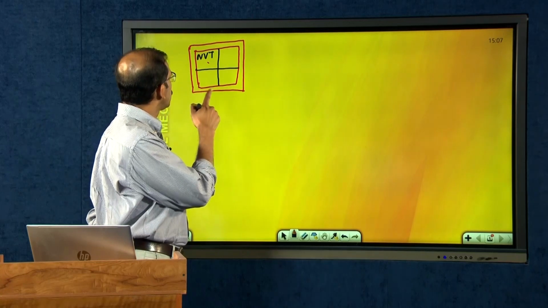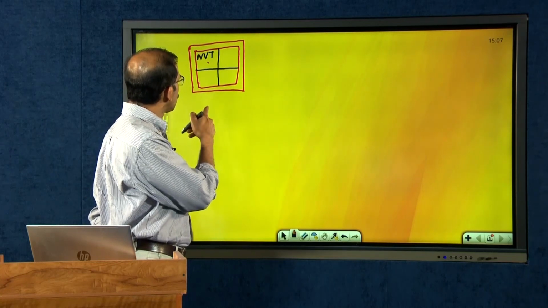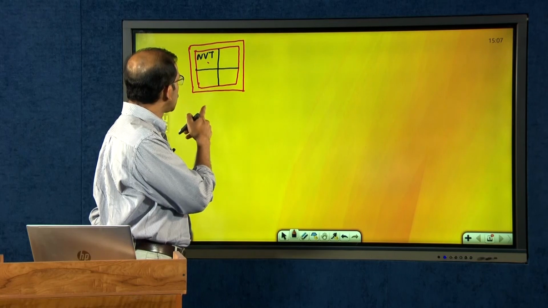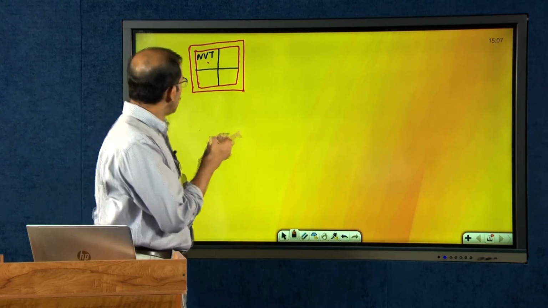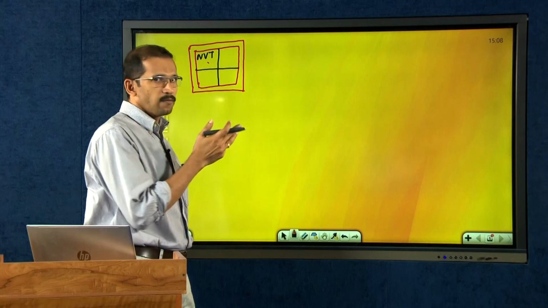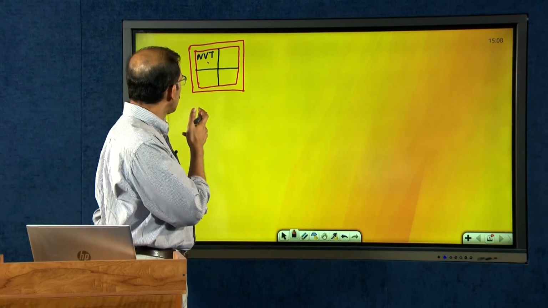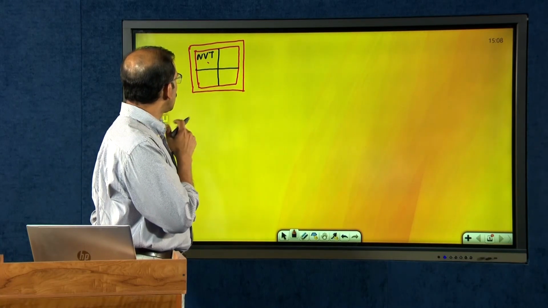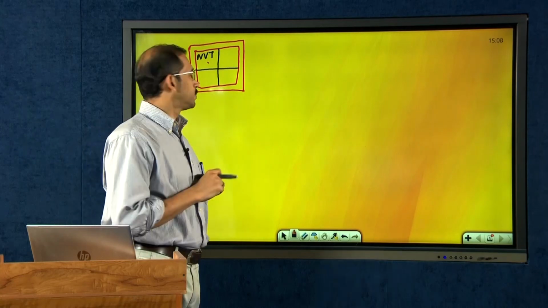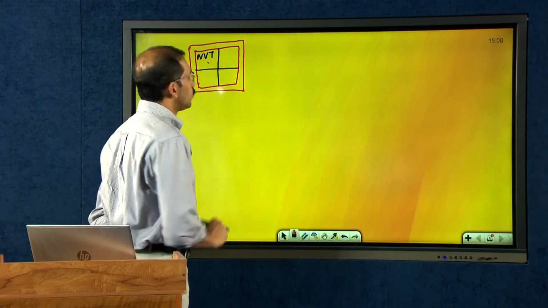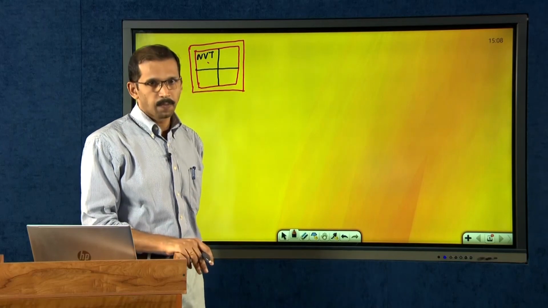And in this particular ensemble diagram which I have drawn here, you can understand that there are 4 different microstates involved in this ensemble at an instant of time, right? 1, 2, 3, 4 microstates.